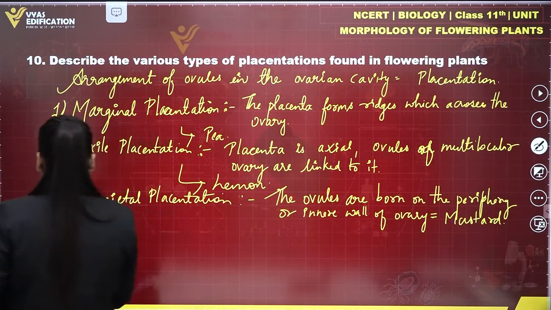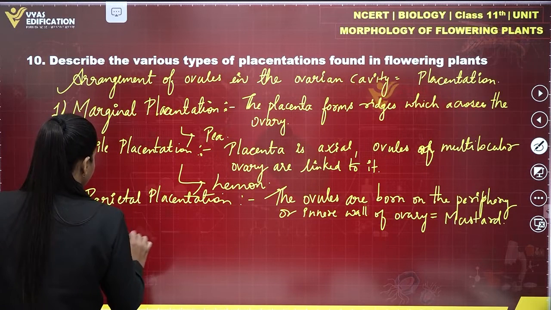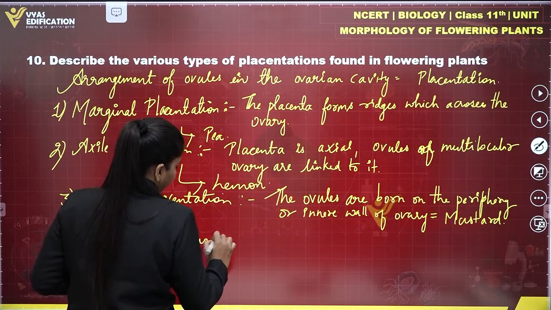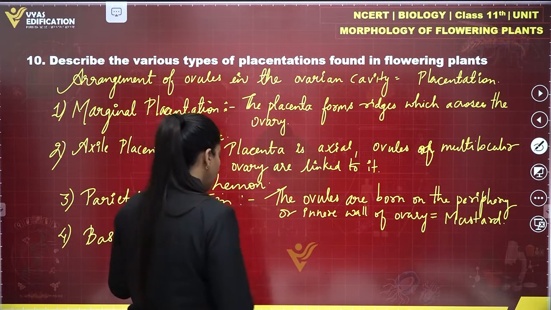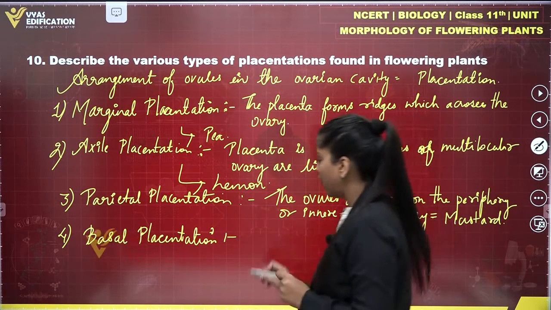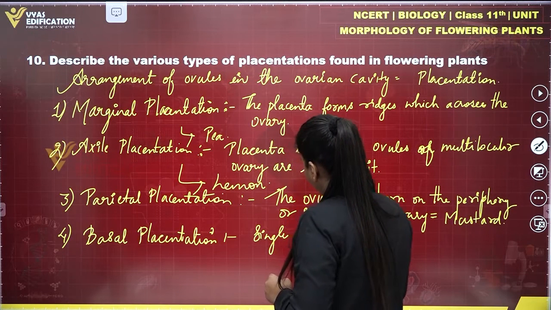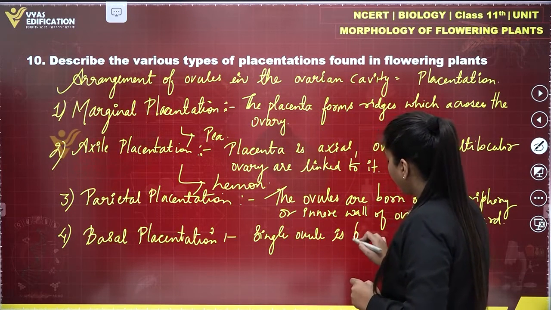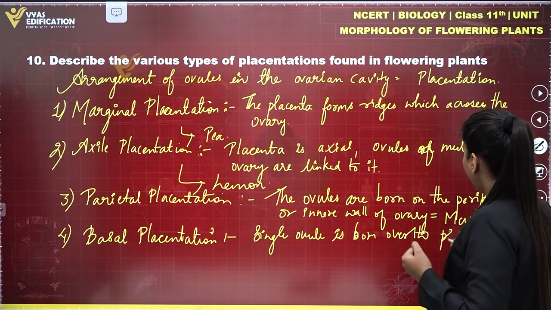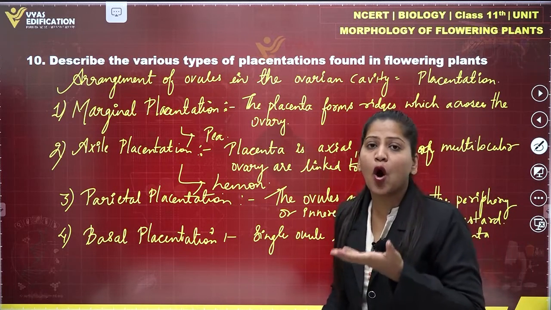Then we have the next type of placentation as basal placentation. Now in this type of placentation, only a single ovule is borne over the placenta, which develops on the base of the ovary.